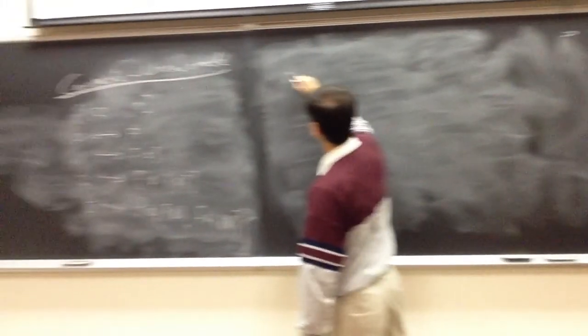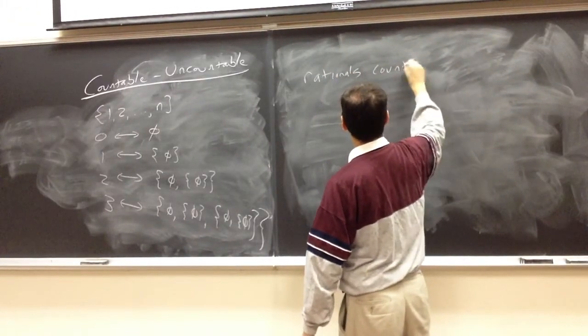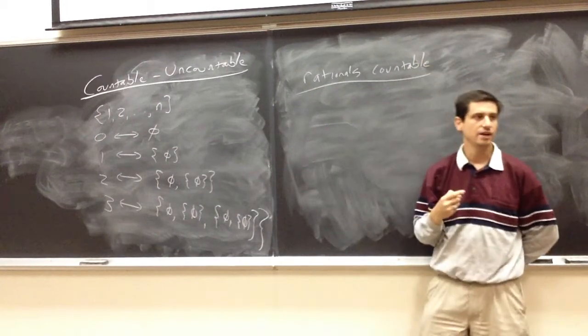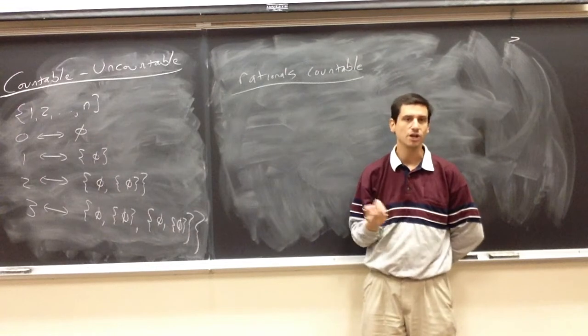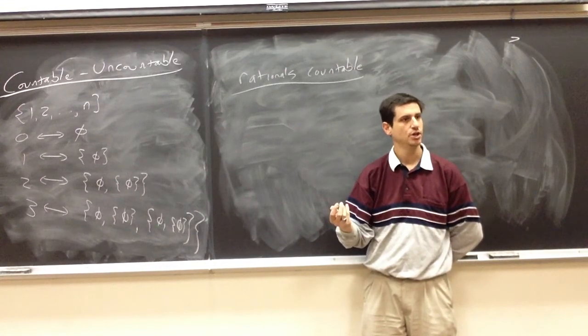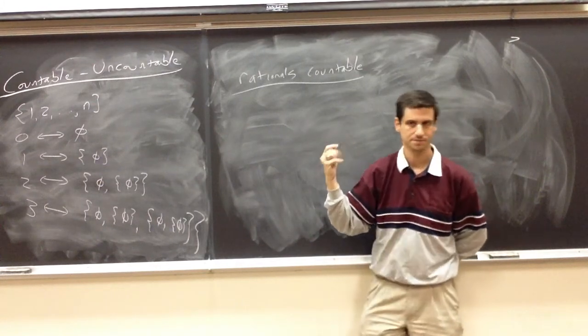So the rationals are countable. Clearly, the rationals can't be of smaller cardinality than the integers, because the integers are a subset. The only question is, are they the same size or are they larger?